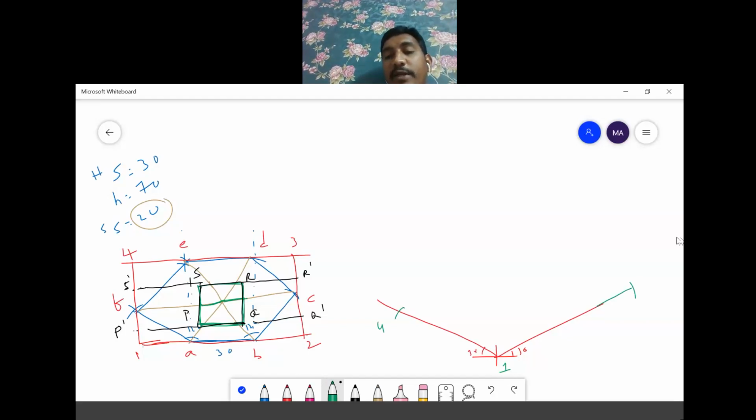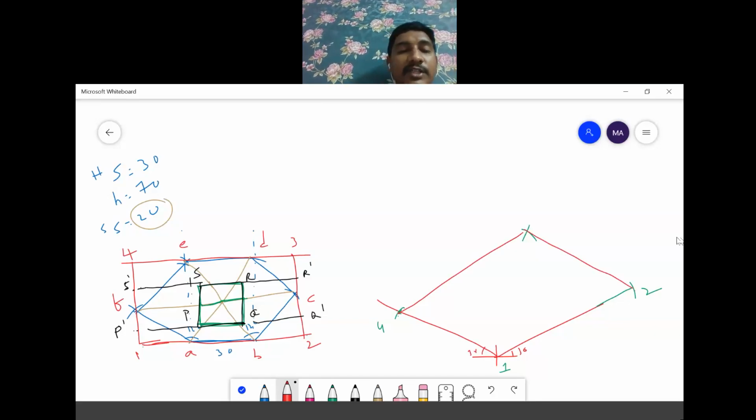You'll get point 4. Again, this is 2. From 1 to 2, I am measuring, and from 4 I am cutting an arc here. From 1 to 4, I am measuring, and from 2 I am cutting an arc here. I will get a rectangle like this. After that, I am just projecting this hexagon there, directly measuring using the compass.